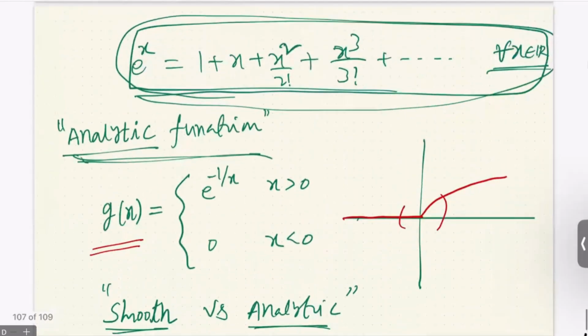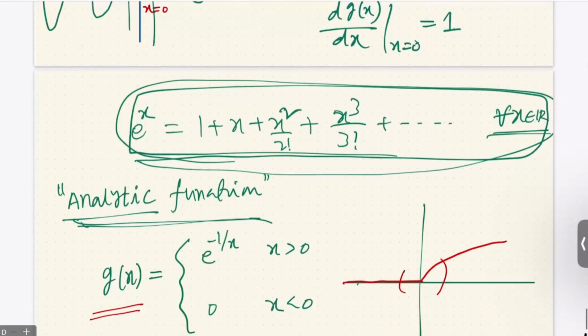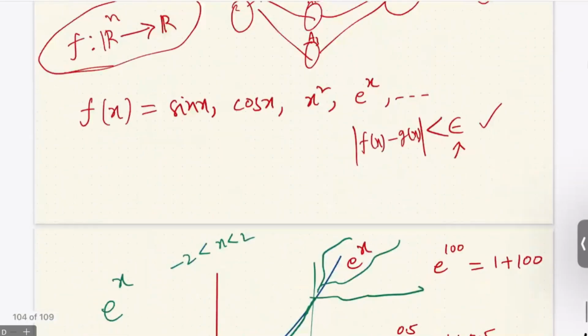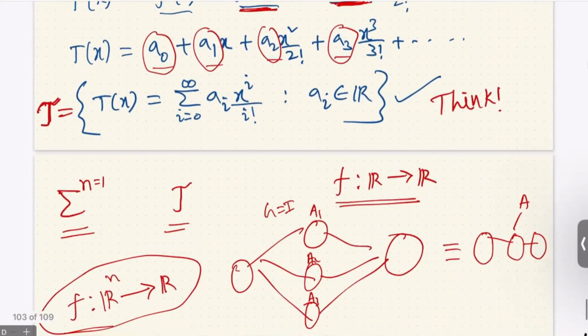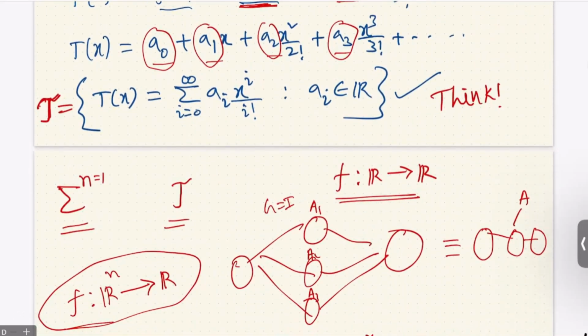So now, coming down to analytic functions, instead of continuous functions, which I started with at the very first, if I take only analytic functions and get an approximation of them, which one is better, a neural network or a Taylor series?